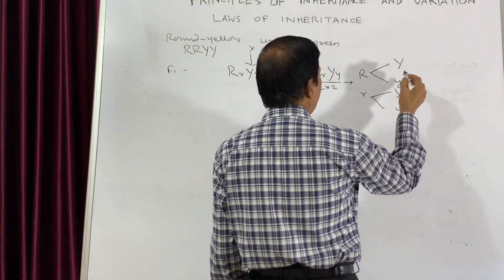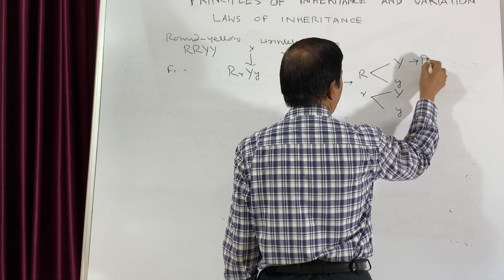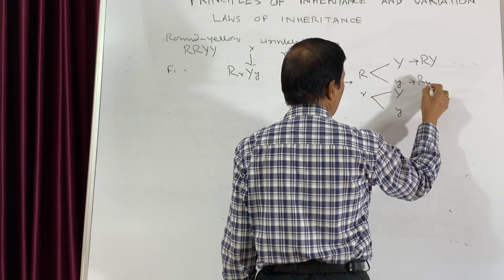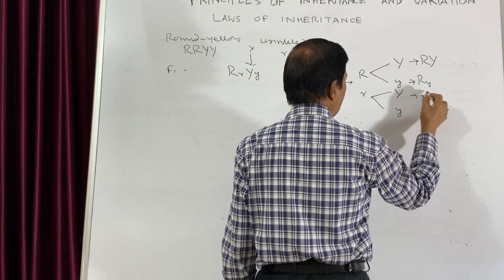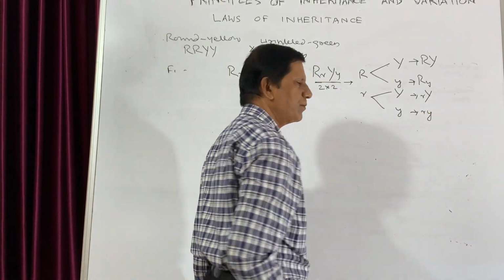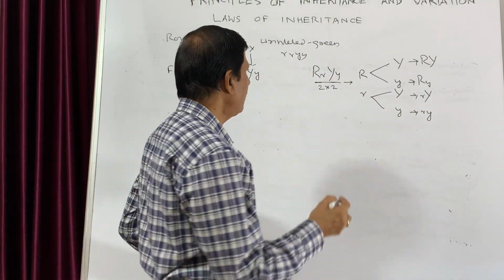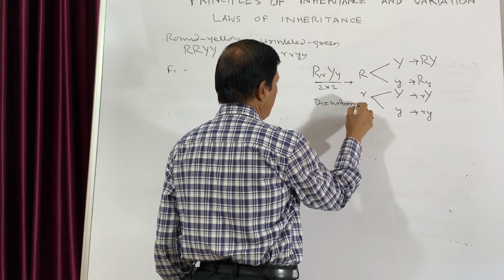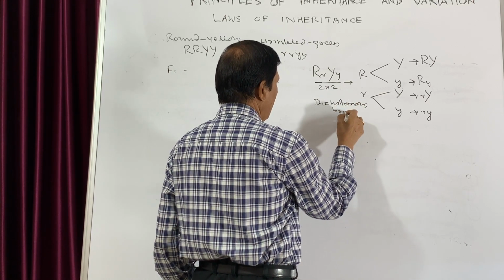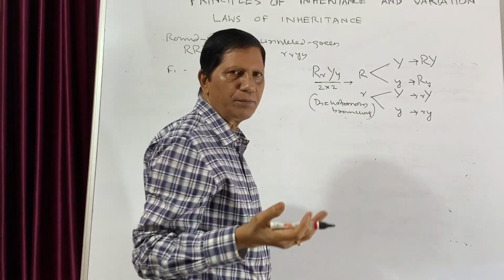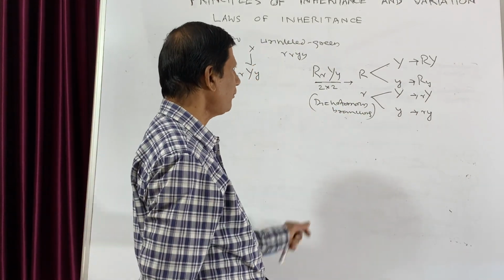That will give rise to capital R capital Y, capital R small y, small r capital Y, and small r small y. These are the four types of gametes. This is known as dichotomous branching, and by applying this method, you can easily do trihybrid and higher crosses.